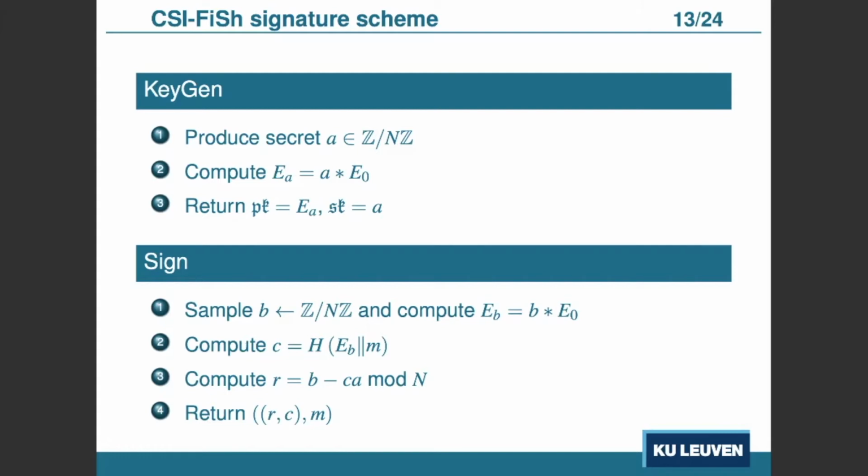First is the secret key, of course, A, and also the uniform integer B. So all the operations involving these two values need to be done in MPC, which basically means step 2 in the key generation algorithm, which is the group action of A on E0 given the public key, and step 1 in the signing algorithm, which is the group action of B on the elliptic curve E0.